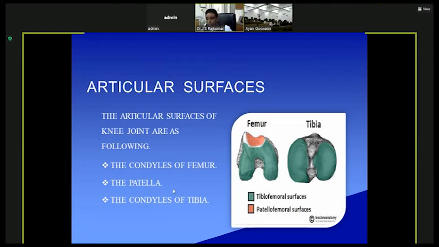So if somebody asks you which are the articular surfaces, you must say the condyles of the femur, condyles of the tibia, and the patella. These are the articular surfaces of the knee joint.